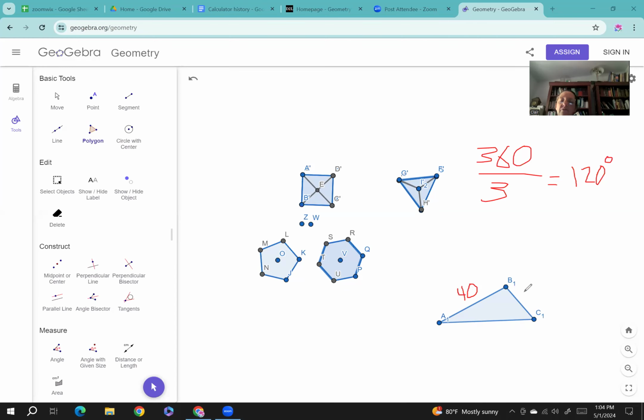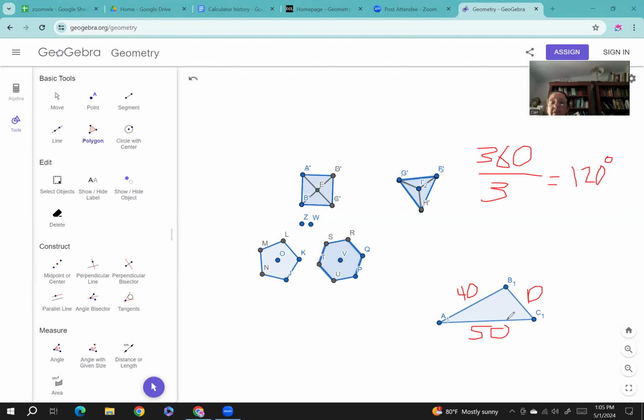So we'll call that one 40, we'll call that one 10, and we'll call this one 50. 50 plus 40 is greater than 10, so no problems there. 50 plus 10 is greater than 40, no problems there. However, 40 plus 10 is not greater than 50. It's exactly equal to 50.